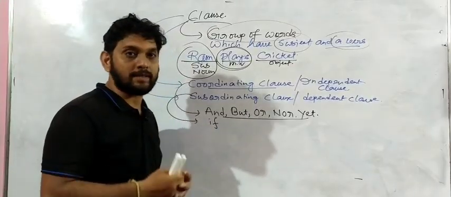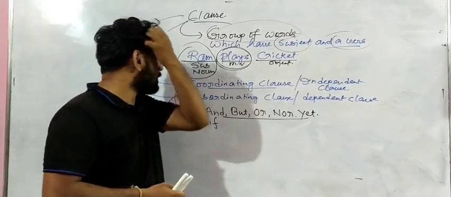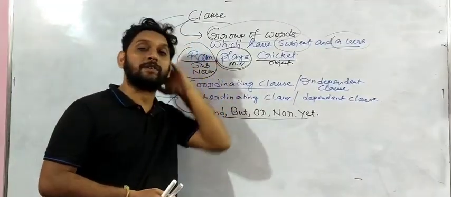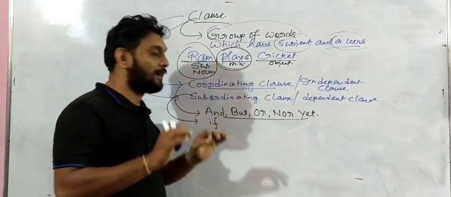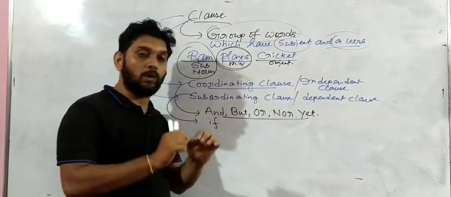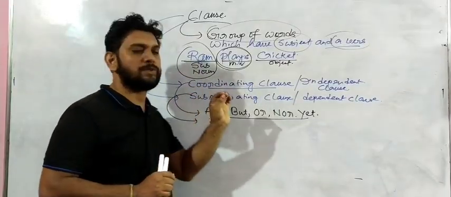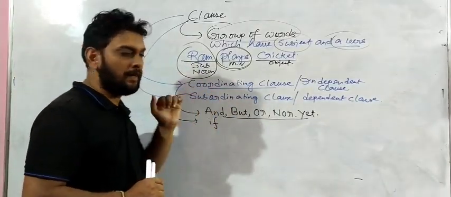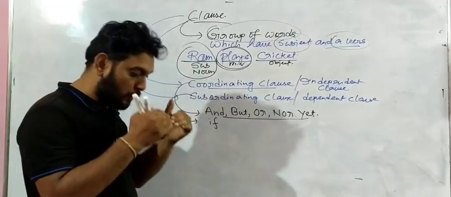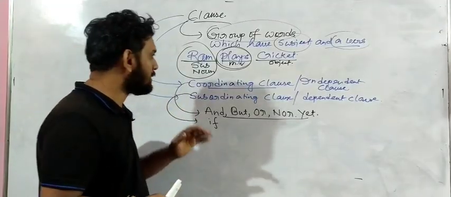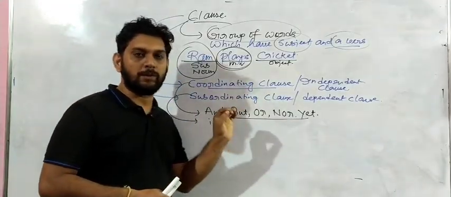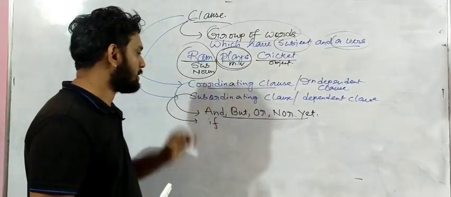And when we study the subordinating conjunction, we need to learn all the concepts, and I will write all the words over here. Right now I am just giving you some examples, some ideas. Before going deep into this topic, I just introduce all those important learnings of the classes.